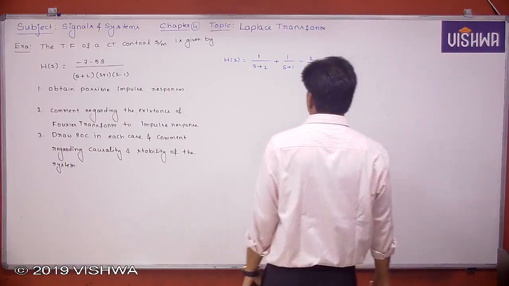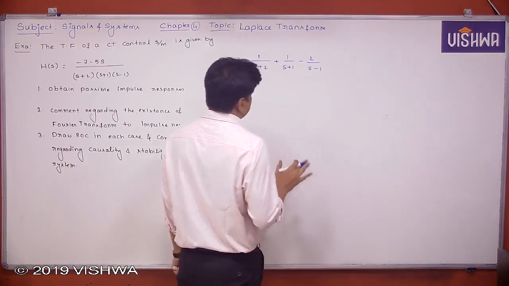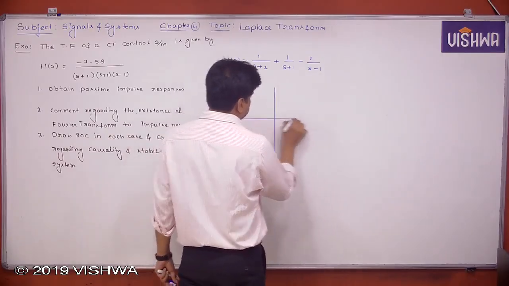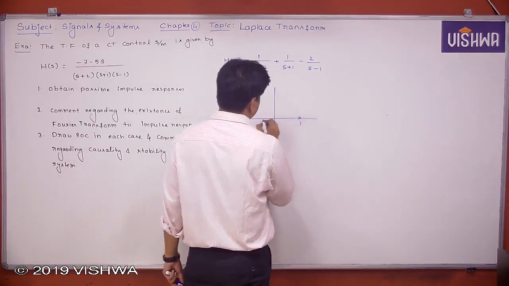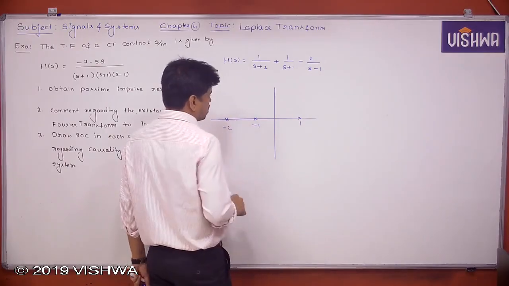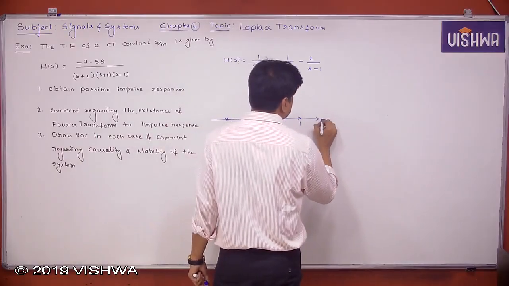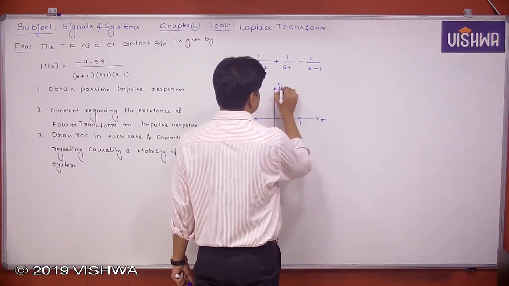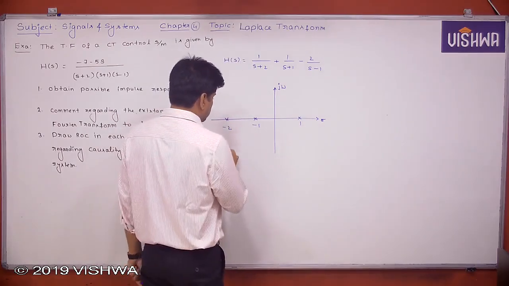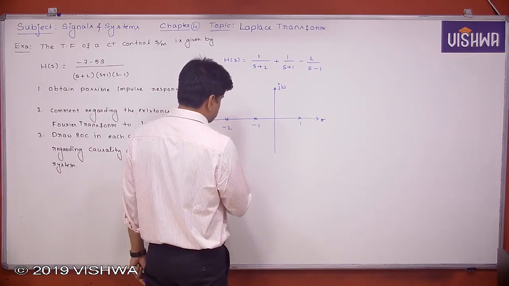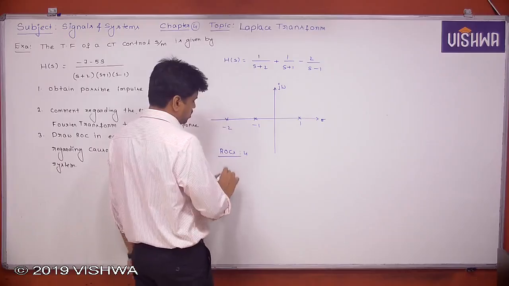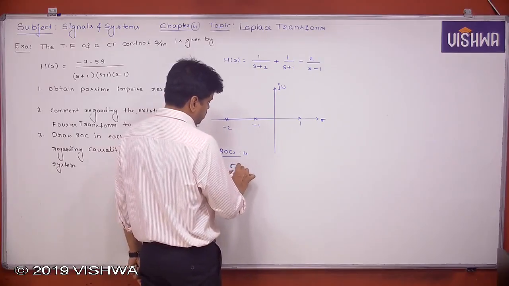Next, what are the poles here? 1, -1, -2. These are the poles we have. If these are the poles, then what are the ROCs? There are 4 ROCs. What are they? First one, sigma greater than 1.